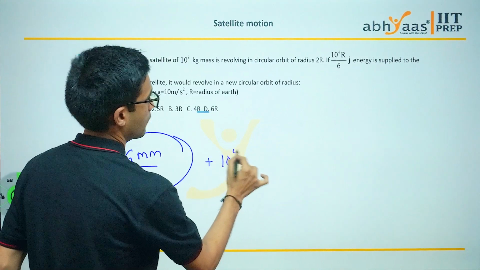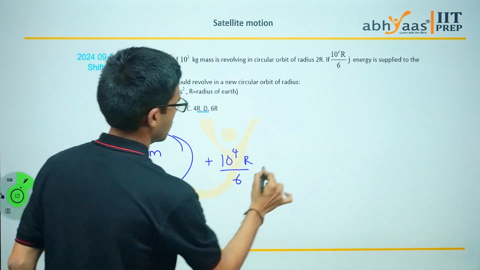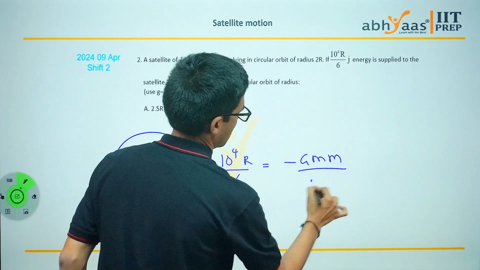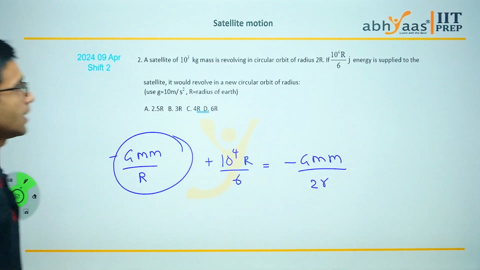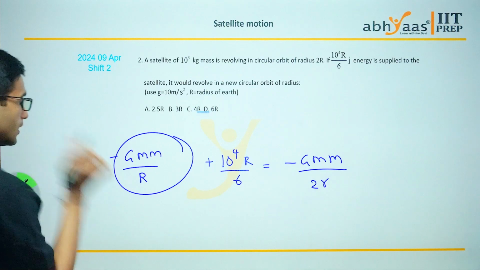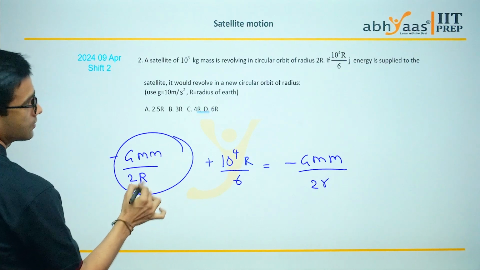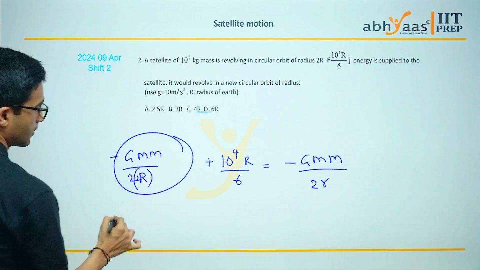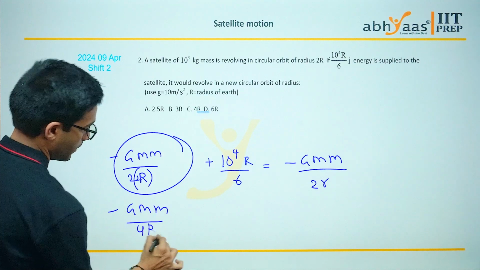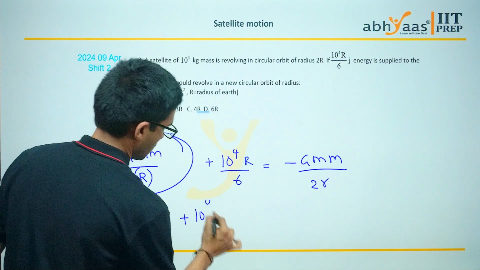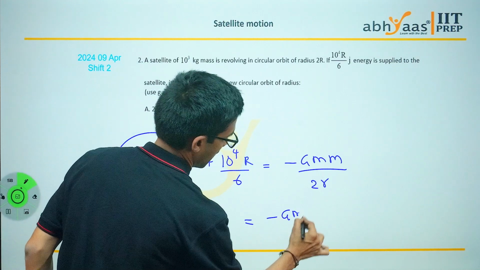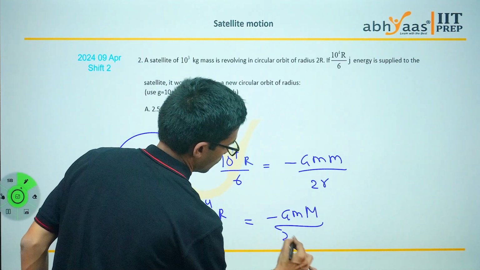Plus 10 power of 4 r by 6, if it is going to the new orbit, that is minus GMm by 2r. Initially the energy is, if you are considering this one, but here 2r is there, that means minus GMm by 4r plus 10 power of 4 r by 6 is equal to minus G capital M small m by 2r.